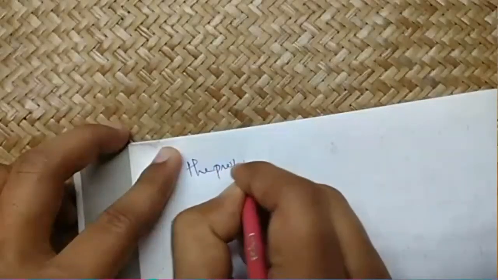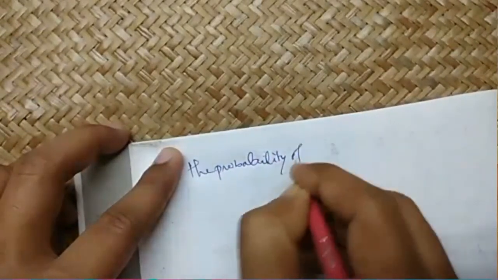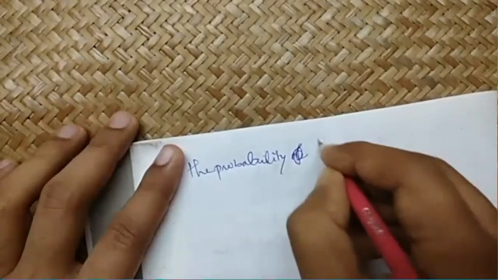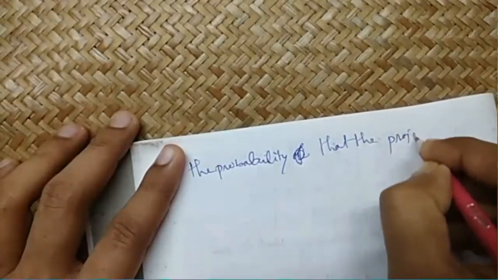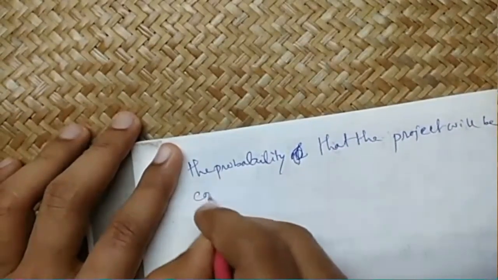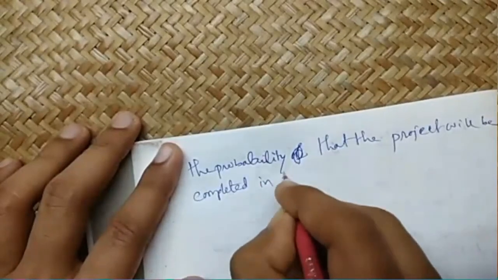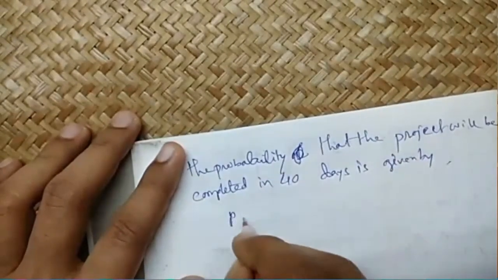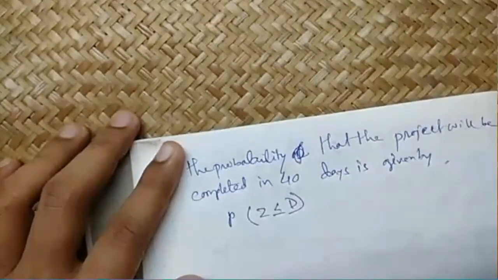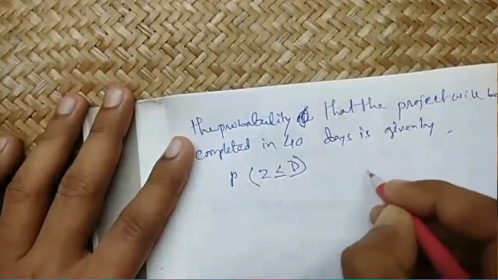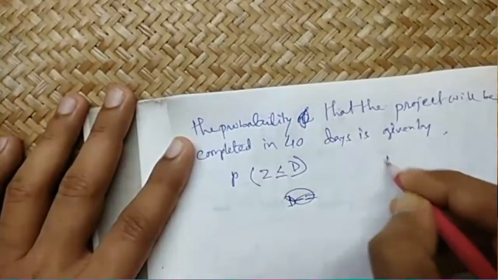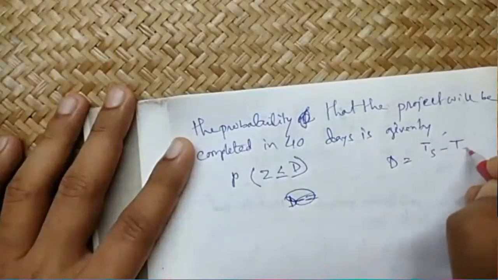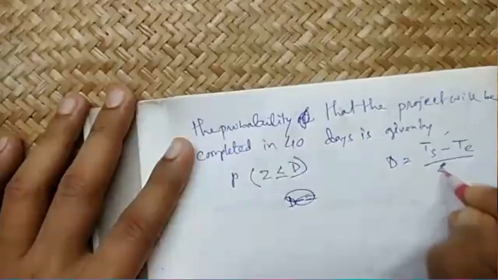Now we'll go into the last stage. The probability that the project will be completed in 40 days is given by P(Z less than or equal to D), where D is equal to Ts minus Te divided by sigma.